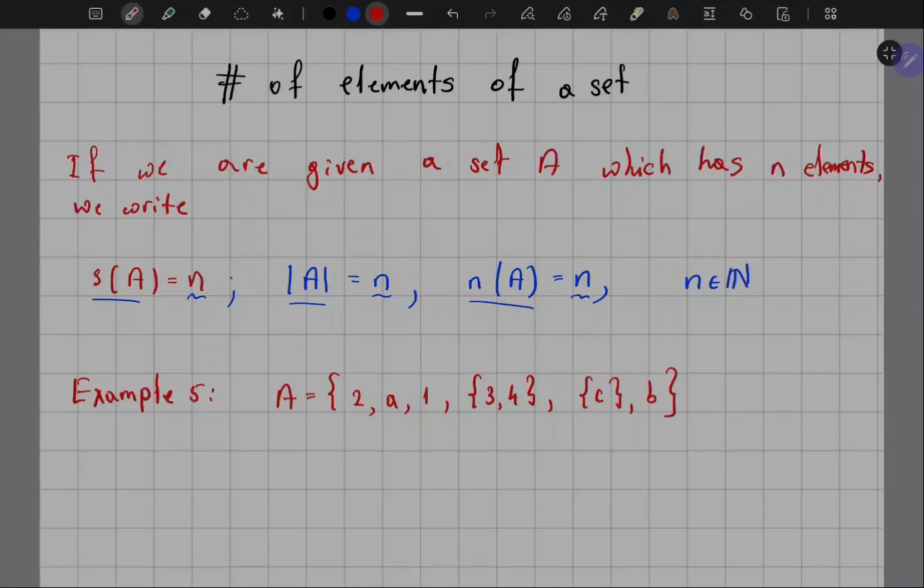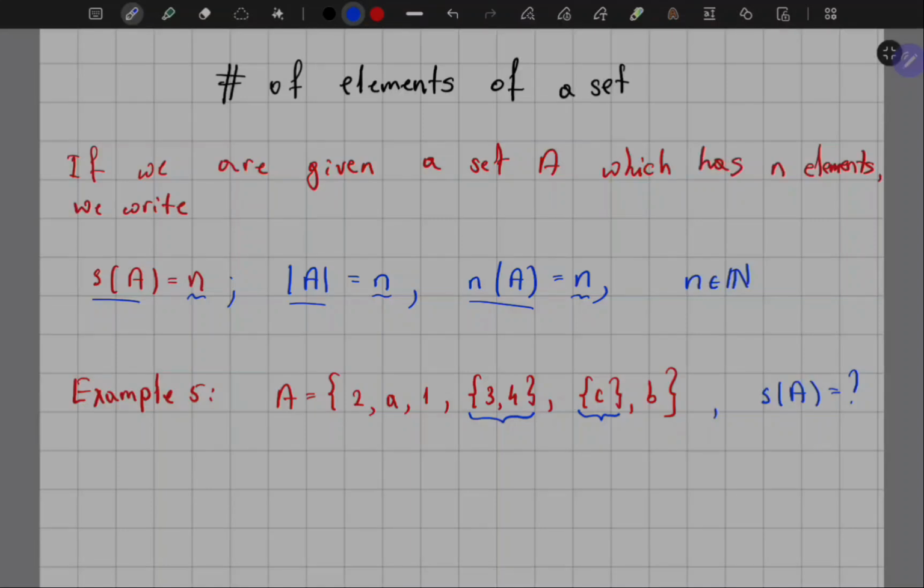Notice carefully the sets inside the set we have. We have a set A, which contains 2, a, 1, a set {3, 4}, and a set {c} and b. We are asked s(A). We need to find the value of s(A). So, as we said, we need to be careful. Here we have a set, and here we have another set.